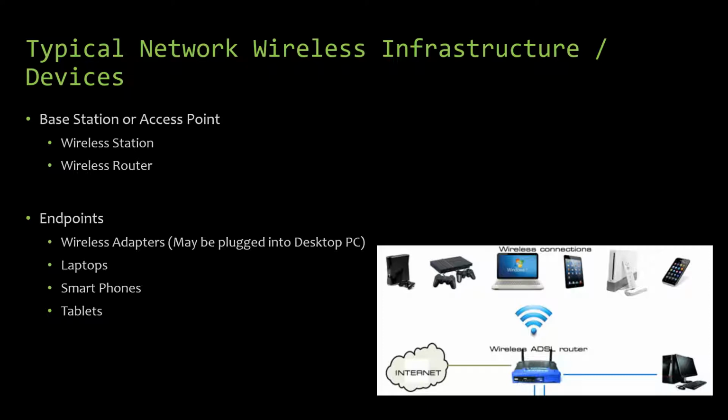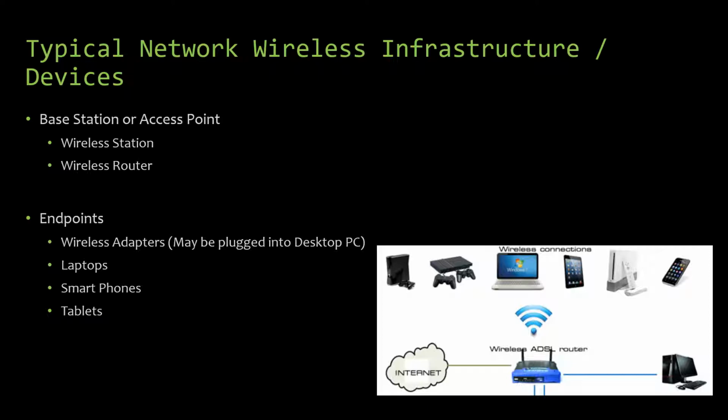In a wireless environment, there's obviously a very simple type of network layout, and as we kind of touched on in the previous slide, the key elements to that are base stations or access points and endpoints.